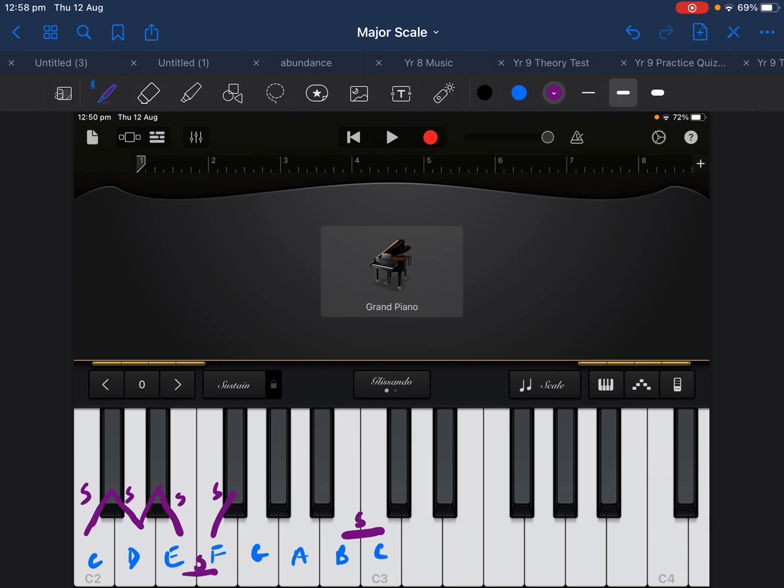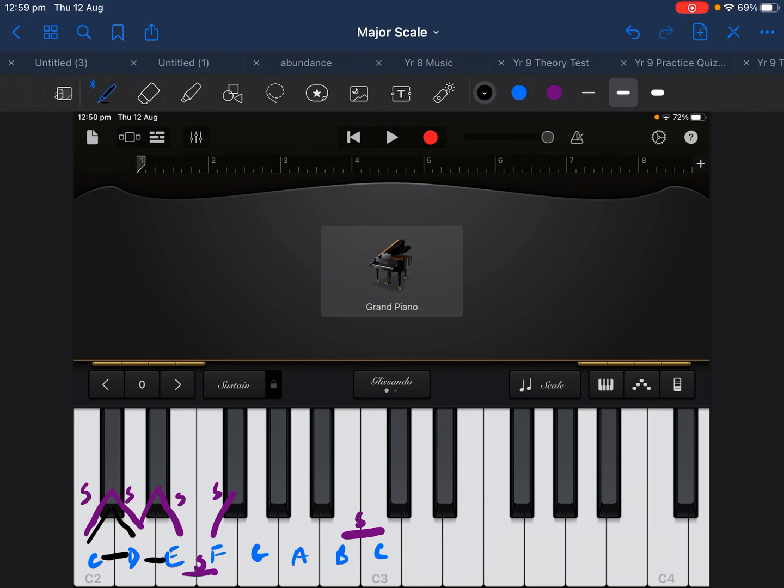Now a tone is made up of 2 semitones. So if I went from C to C sharp and C sharp to D, that is actually a tone. So this C to D here is a tone because it's made up of 2 semitones. All right, D to E here is a tone because it's made up of 2 semitones.